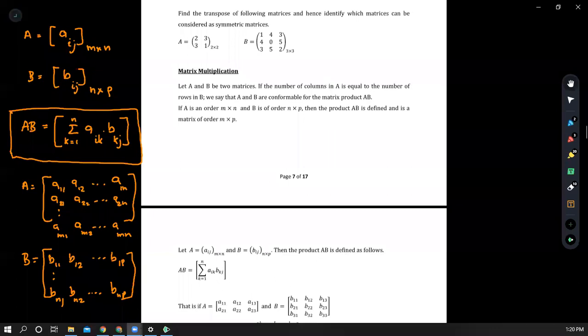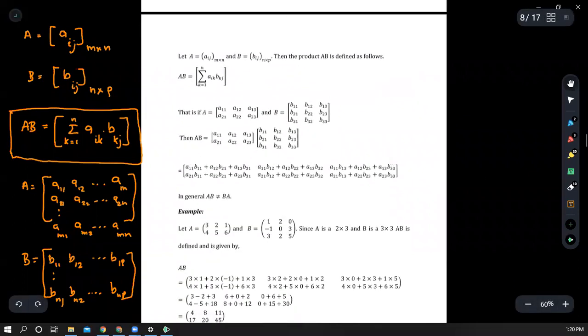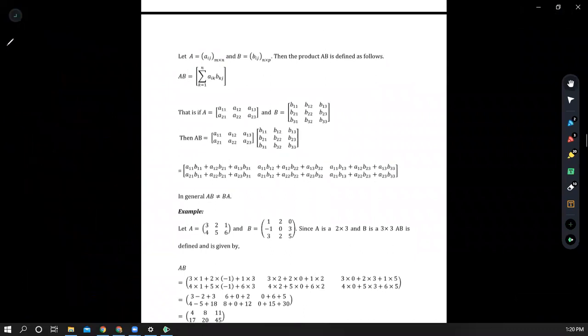Okay, now we will see how we can perform the matrix multiplication. Here I will take the example as given in the note. I have taken two matrices. Suppose I have this matrix A, the first matrix I am considering.